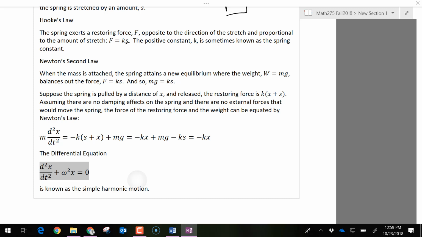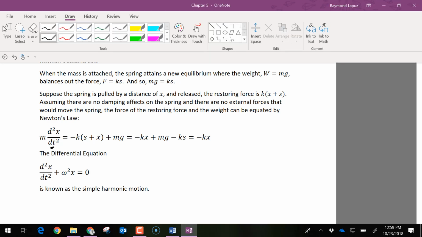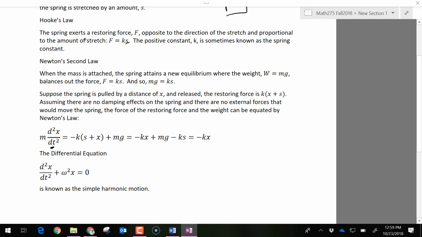So if we take these two, you got m d squared x over dt squared.